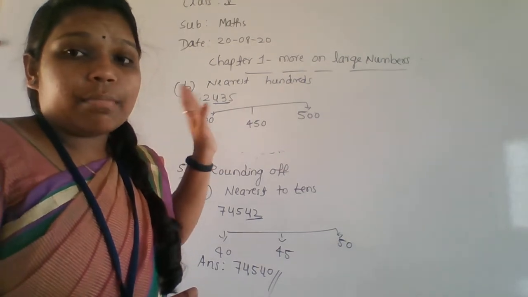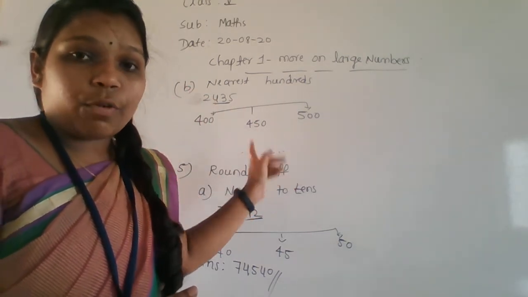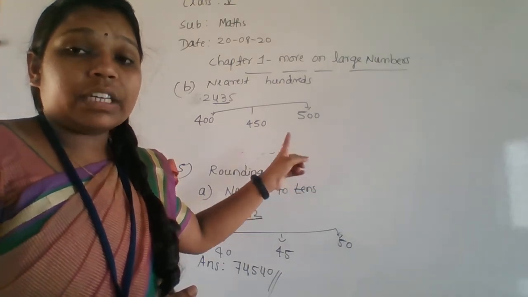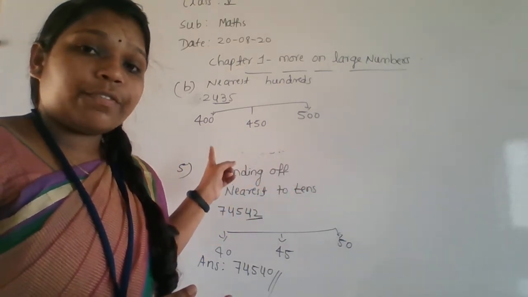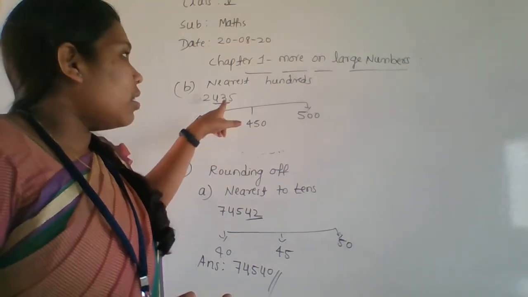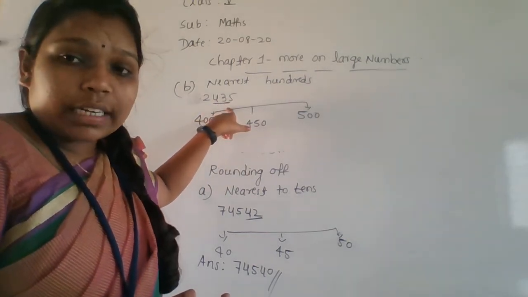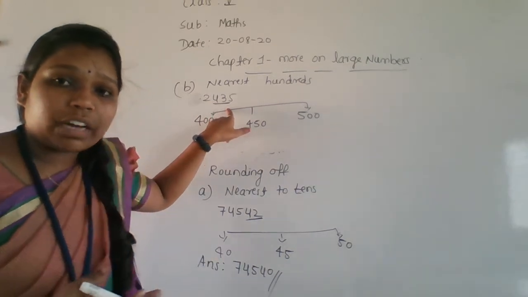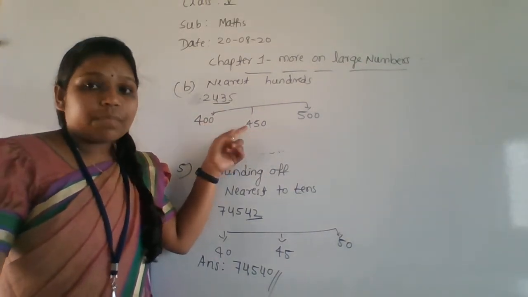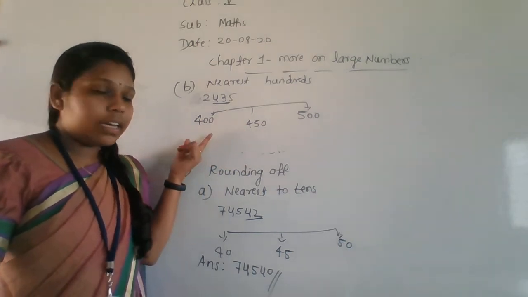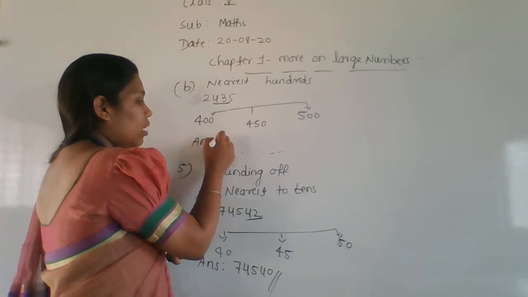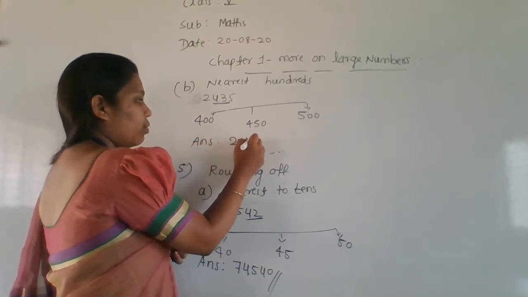If the given number is greater than 450, then it is nearer to the 500 value. If the given number is lesser than 450, then it is nearer to 400. So here we have the 435 value. 435 means what? It is lesser than 450, right? So it is nearer to which value? It is nearer to 400. So the answer is what here? The answer is 2400.